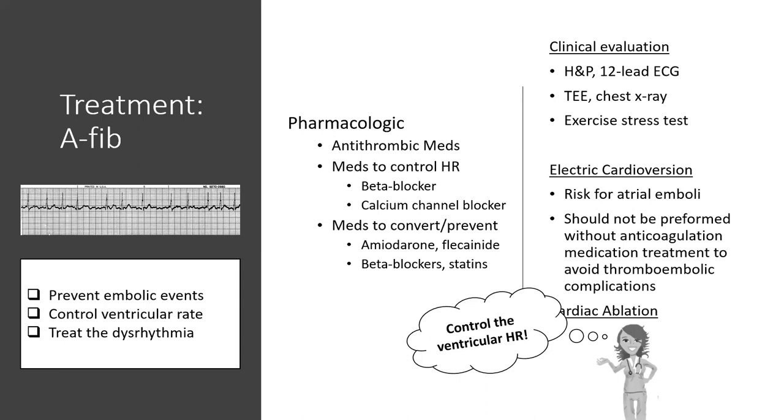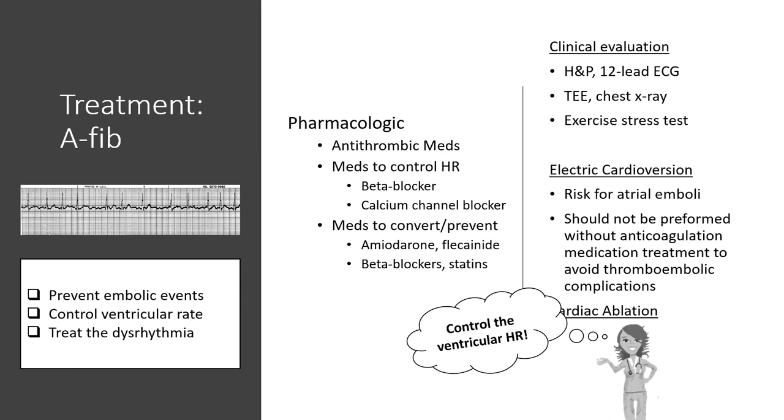If a patient is in AFib more than 48 hours, anticoagulant therapy is needed for 3 weeks before cardioversion and 4 weeks after successful cardioversion. So you just want to make sure that they are on some sort of warfarin before they have this elective cardioversion.